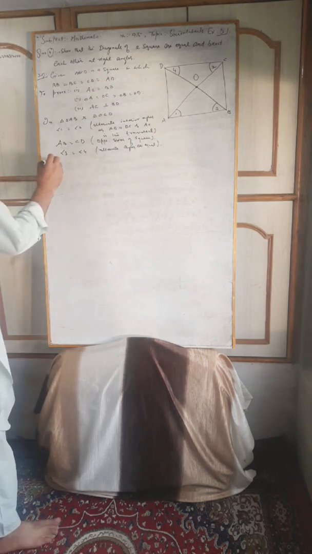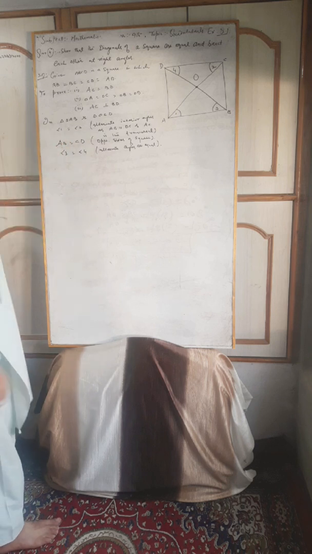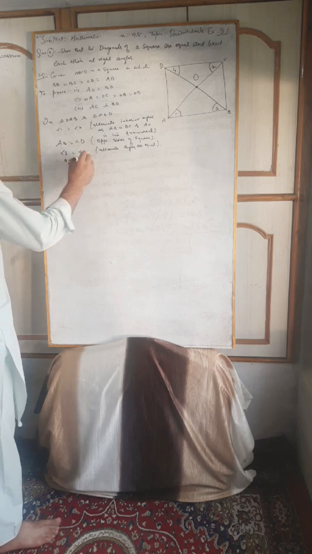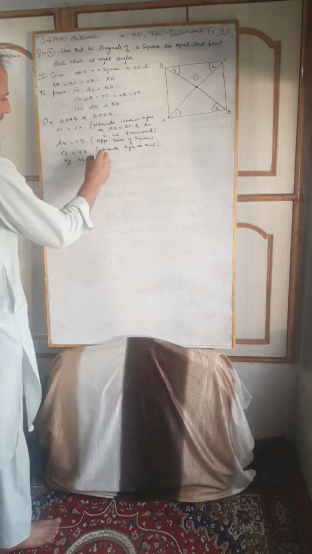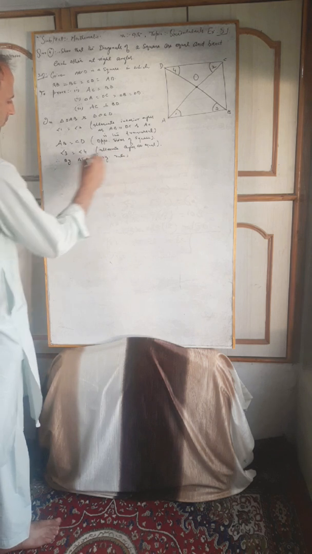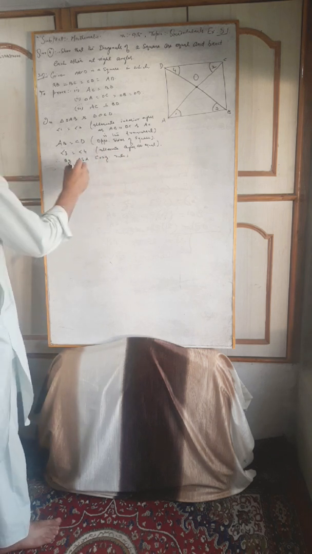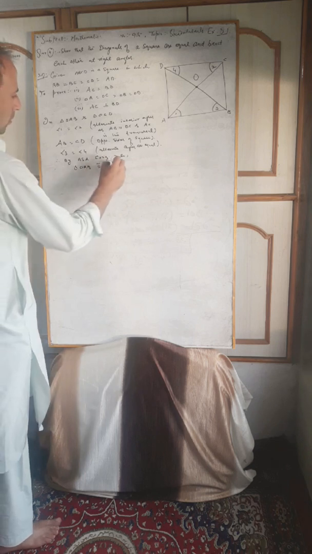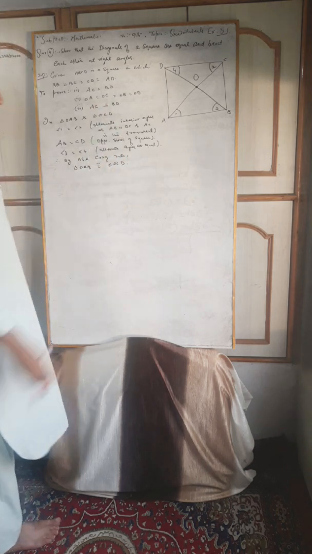Therefore, by the angle side angle or ASA congruence rule, triangle OAB is congruent to triangle OCD. Since the two triangles are congruent, congruency implies they have the same shape as well as the same size.